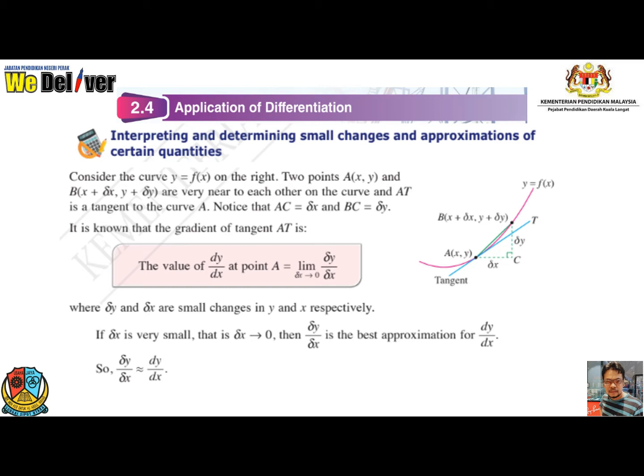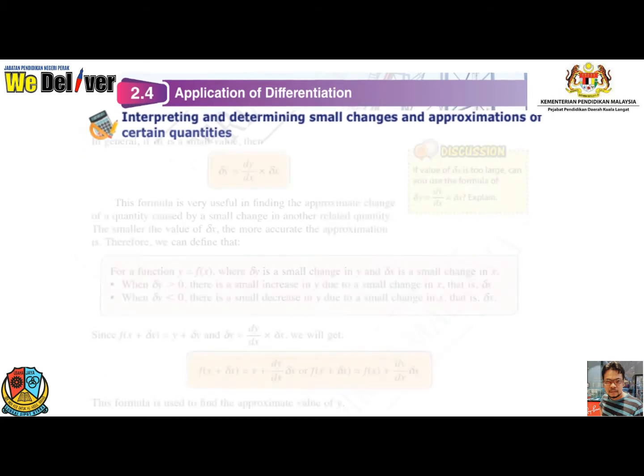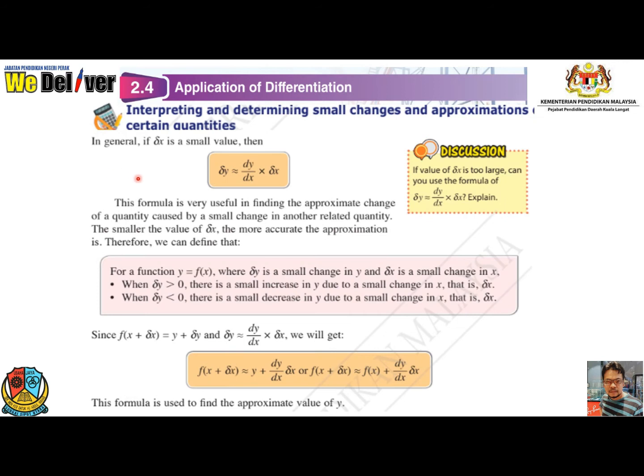To find delta y, we make delta y the subject. Delta y is approximately dy over dx times delta x. So in general, if delta x is a small value, then delta y is approximately dy over dx times delta x.